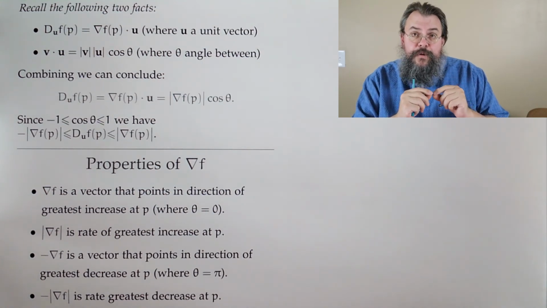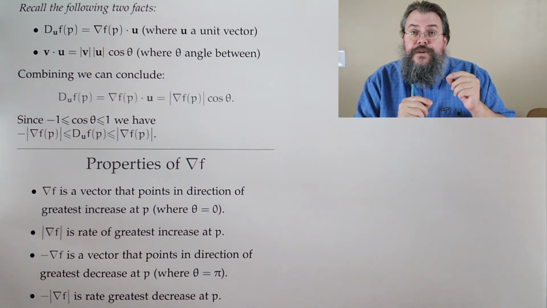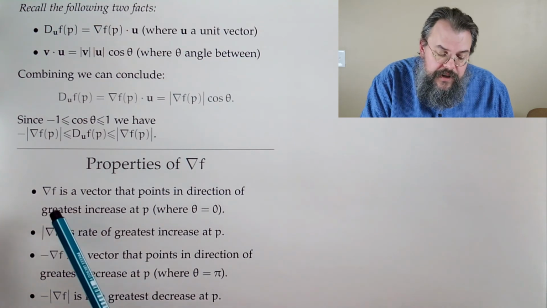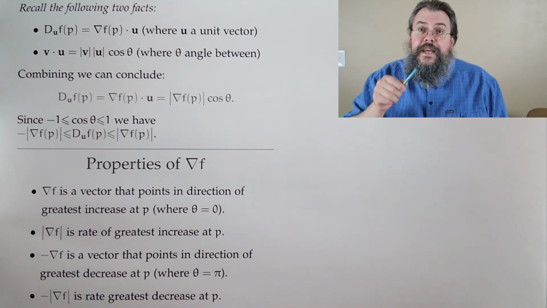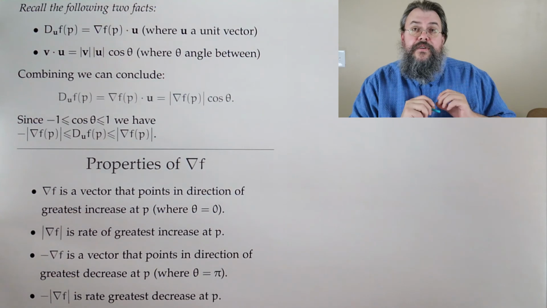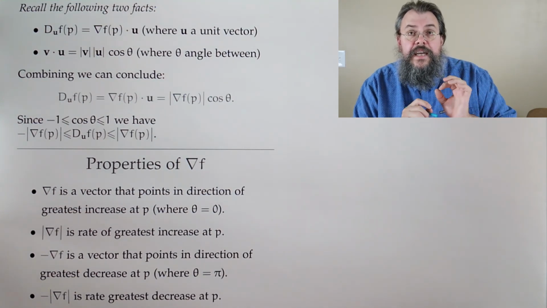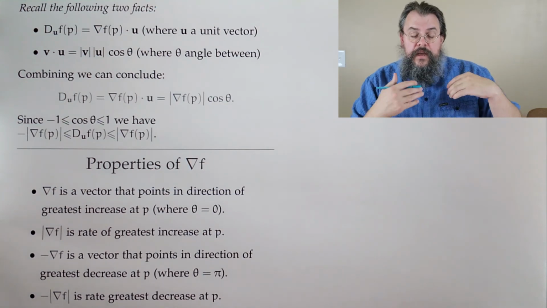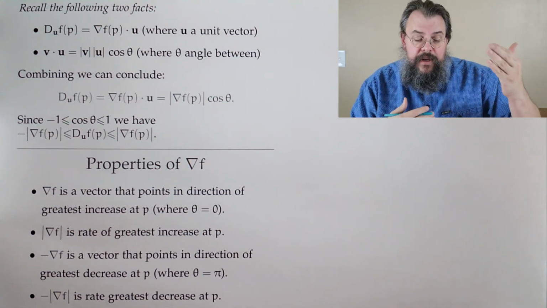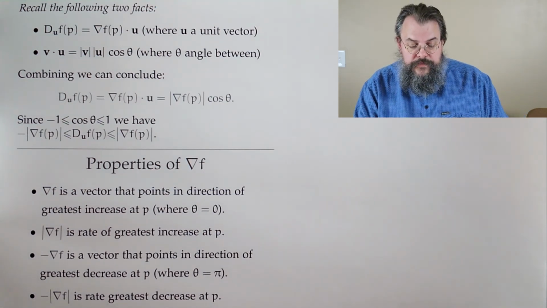Well, theta is the angle between the gradient and u. And so that says, look, the gradient is the direction we want to go. So the gradient vector is pointing in the direction of greatest increase. In other words, if you want to go up as fast as possible.